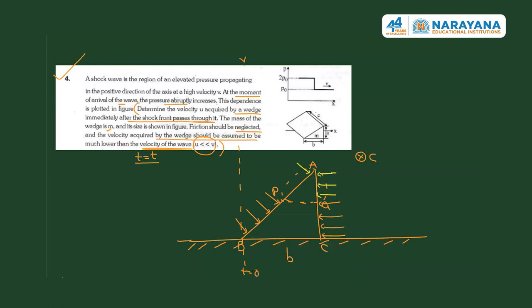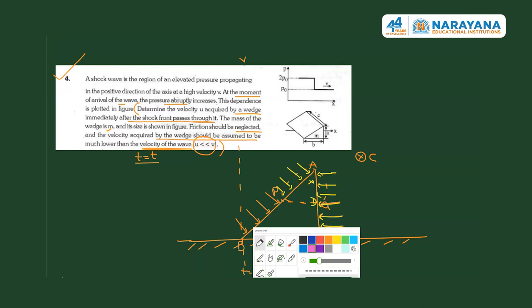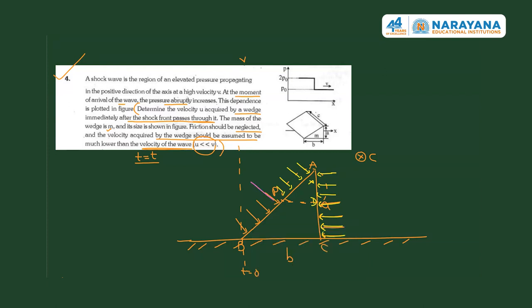This section also pressure is P naught, and this part also the pressure is P naught. So this section, like A, P, and whatever, this point is D, this section is not experiencing any net force in the horizontal direction. Although on the section, this section, here the pressure is 2 P naught, right?